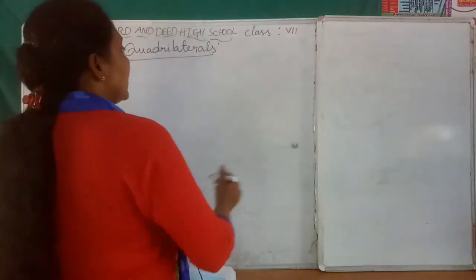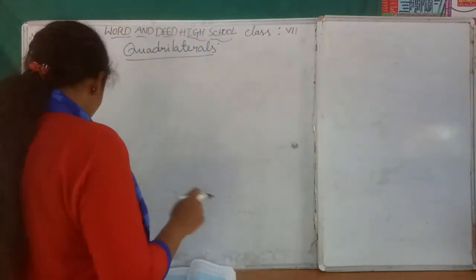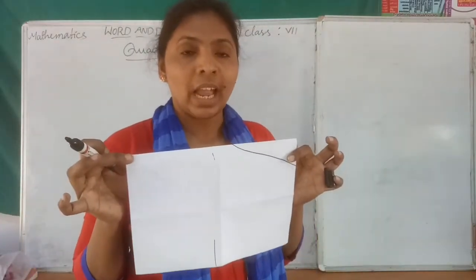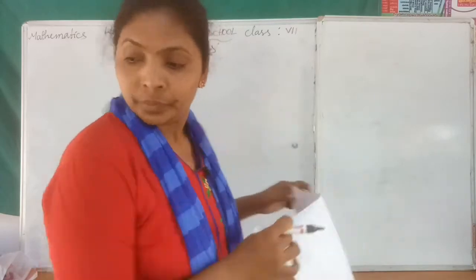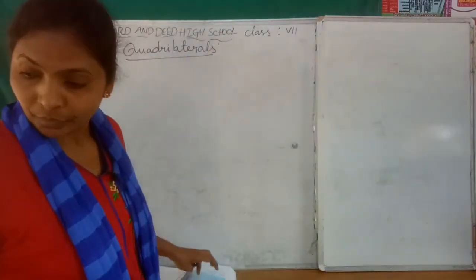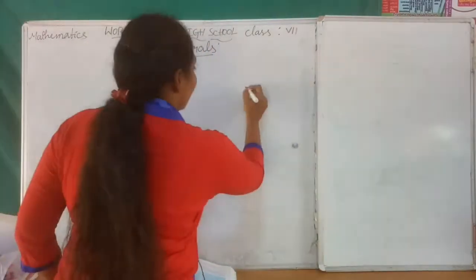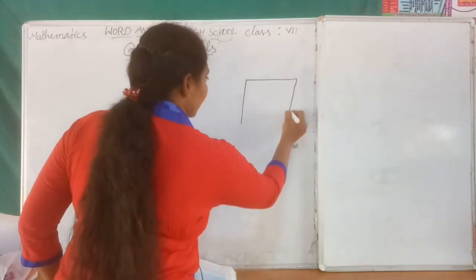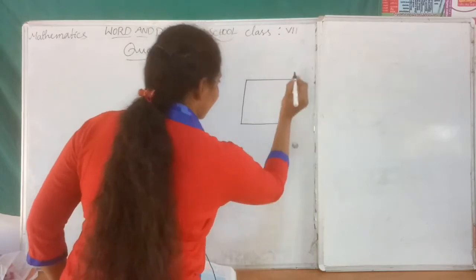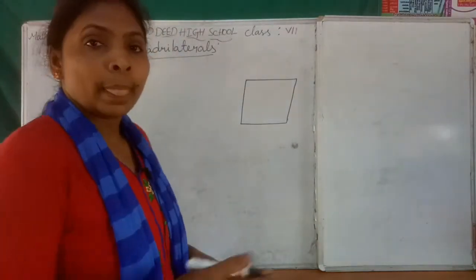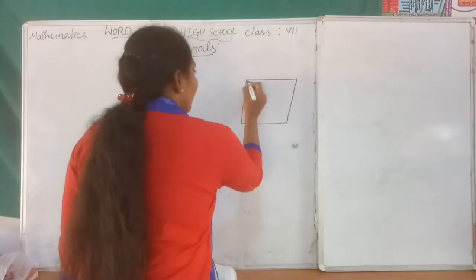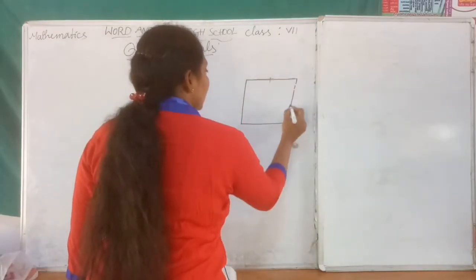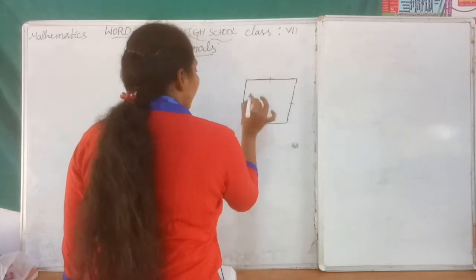Suppose quadrilateral means, see children, here we have a rectangle, very good. Okay, I will draw here. See children, how many sides we have here? 1, 2, 3, 4.